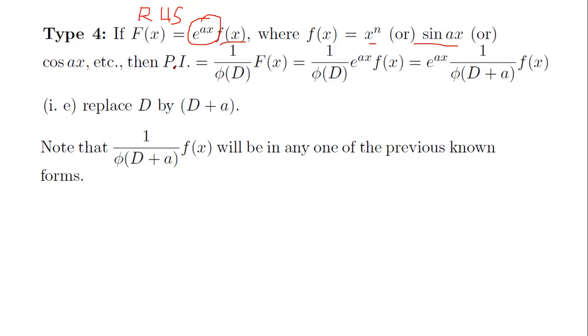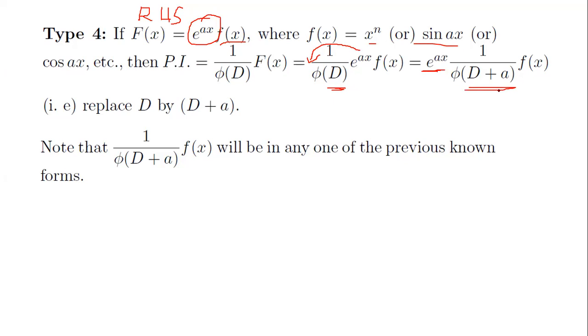Then how to find the particular integral? You can see it here. Wherever the D is there, you write e power ax in front. Then you change in the denominator D to D plus a.